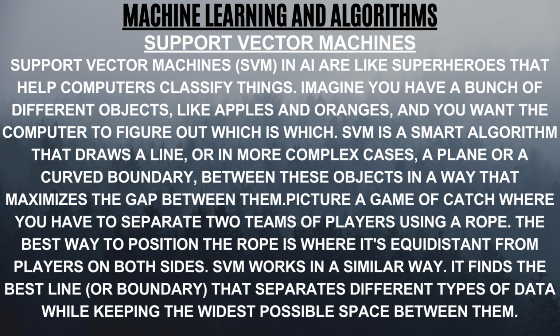Support vector machines. Support vector machines, SVM, in AI are like superheroes that help computers classify things. Imagine you have a bunch of different objects like apples and oranges and you want the computer to figure out which is which.